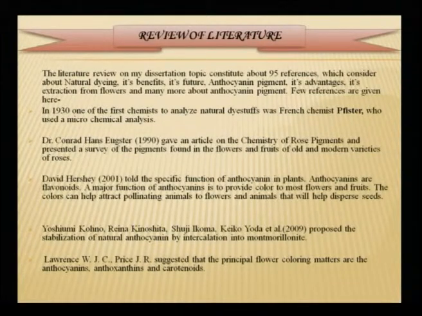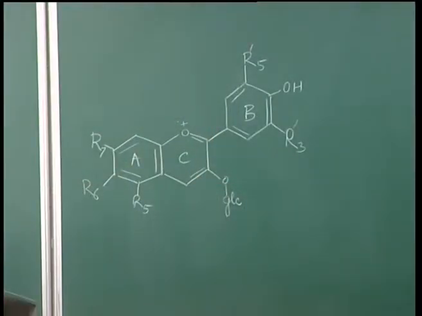Similarly, in the analysis done by Yoshimui, a Japanese group, they proposed that stabilization of natural anthocyanin can be done by intercalation with montmorillonite. So, they were only working on how to trap this dye, because, as you know, because of the positive charge on the oxygen it is a dye which is very pH sensitive, and this we discussed in great detail in the last lecture.